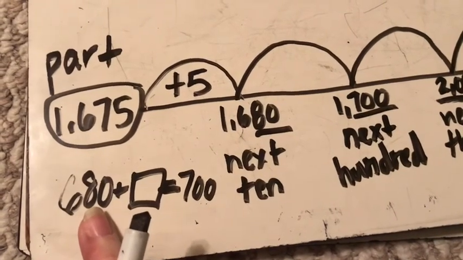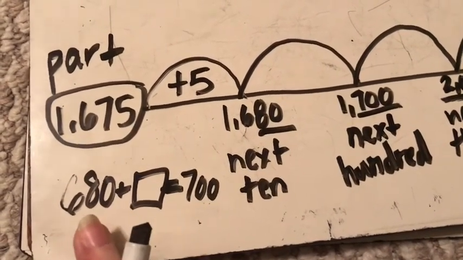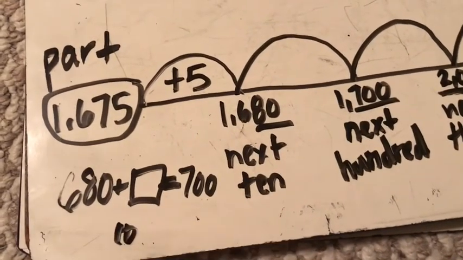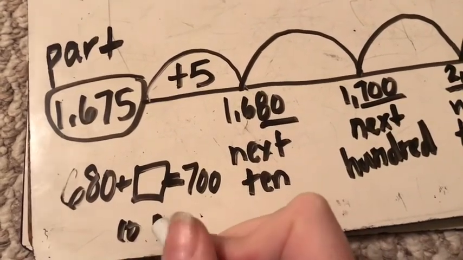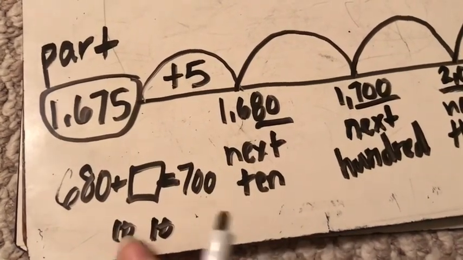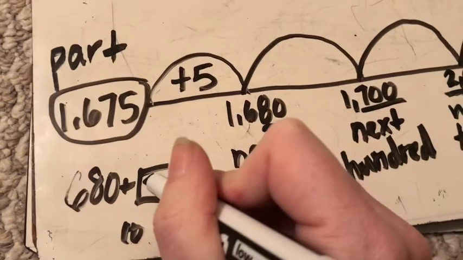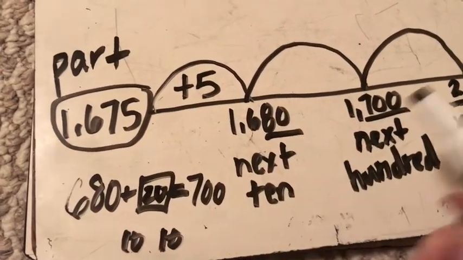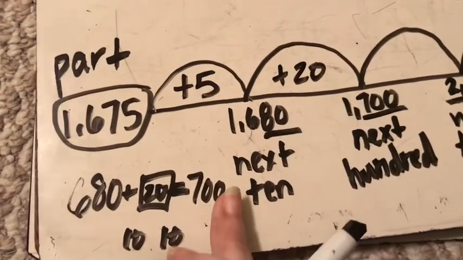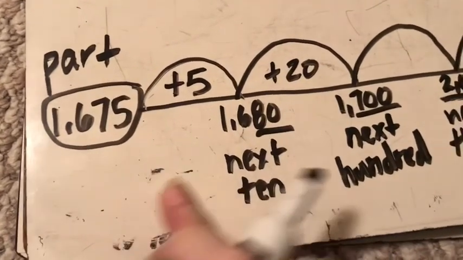And since 80 is a 10, why don't I just add tens? So 80 plus another 10 would be 90, plus another 10 would get me up to 700. So if I'm adding 2 tens, that's the same as adding 20. So this here is a jump of 20. So far, so good.